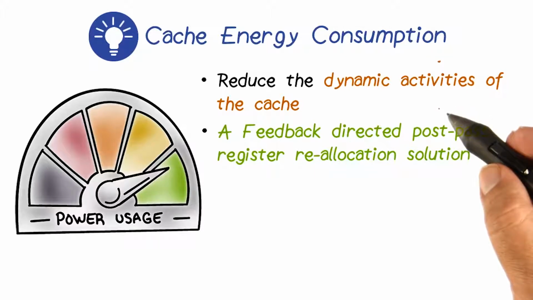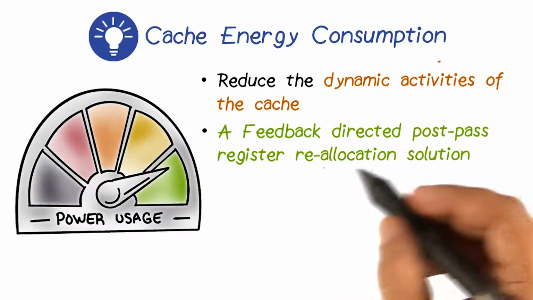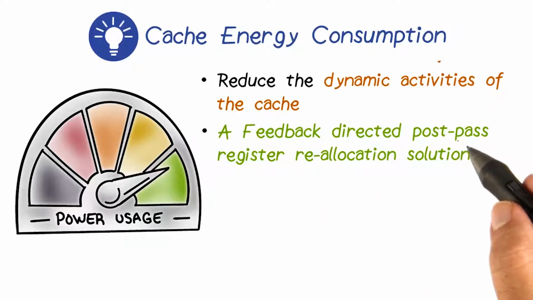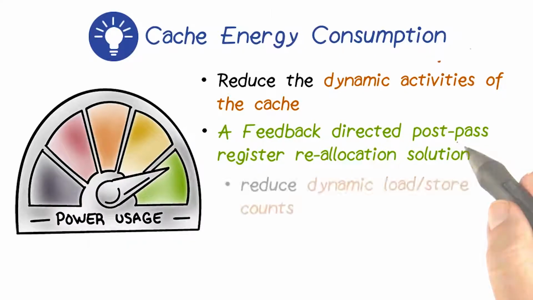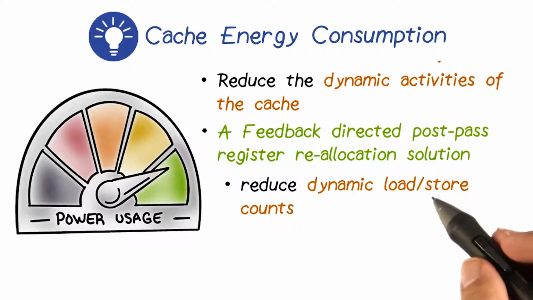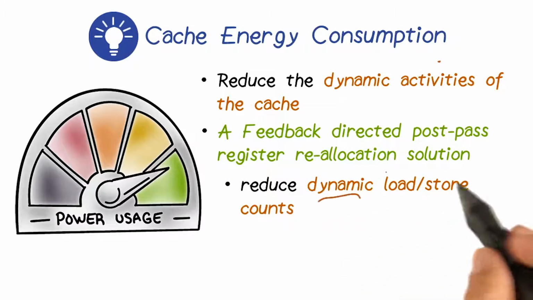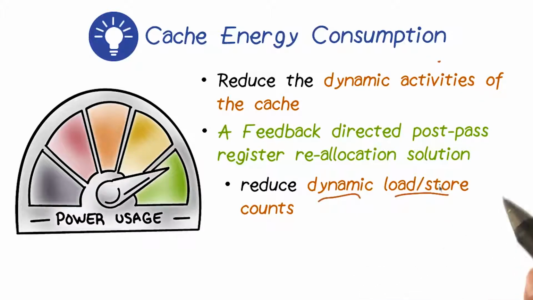So what we have is really a binary or an assembly code generated in which some kind of register allocation is done, but which is not geared towards solving this cache energy consumption problem. So we are going to do a reallocation here. To some extent, we are going to reassign these registers in this assembly code so that we can optimize the cache energy. And again, the goal is clear here, to reduce the dynamic load store count of the program.